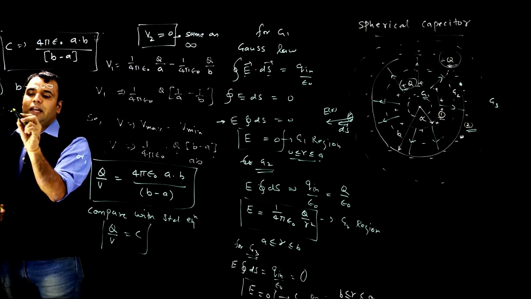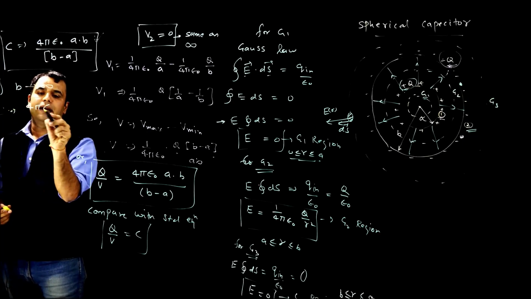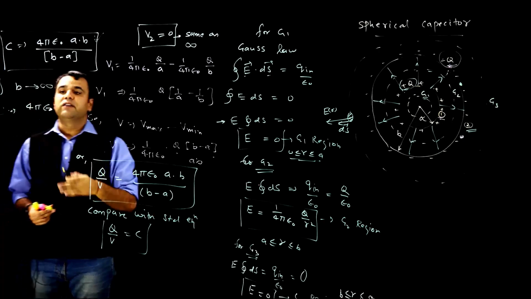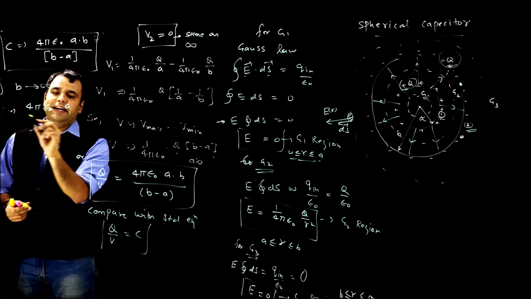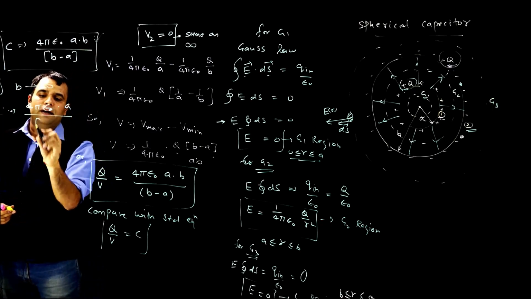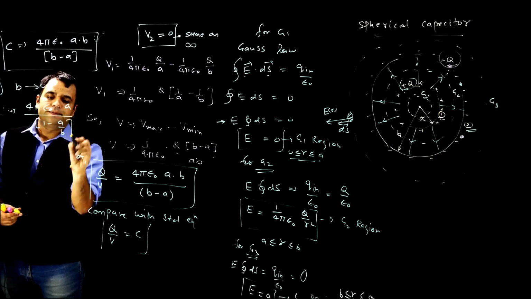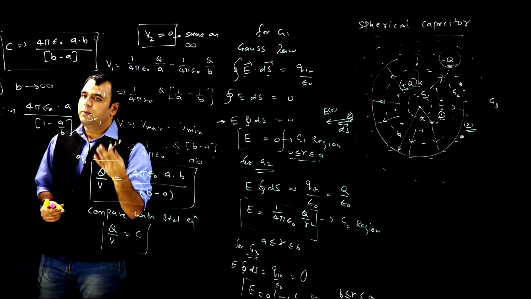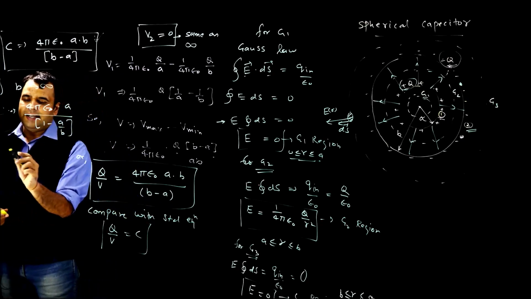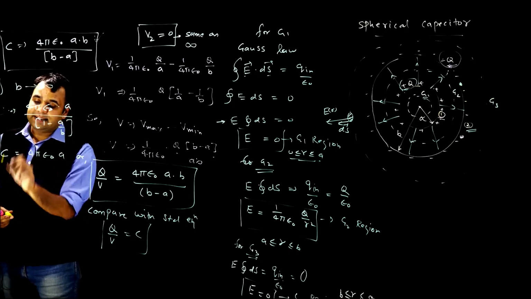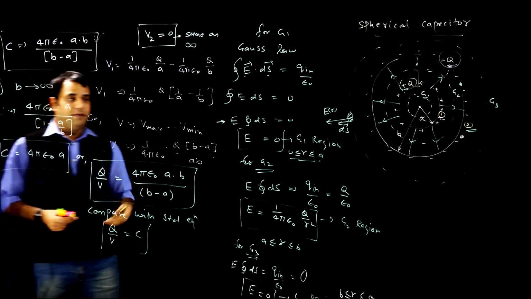Then this value will be equal to 4 pi epsilon naught a, and I'll divide the denominator as well as the numerator with b. The b will cancel out, and here it will be 1 minus a upon b. Since b is tending towards infinity, a upon b will be 0. Then this C will become 4 pi epsilon naught a. This is the same formula we derived earlier.